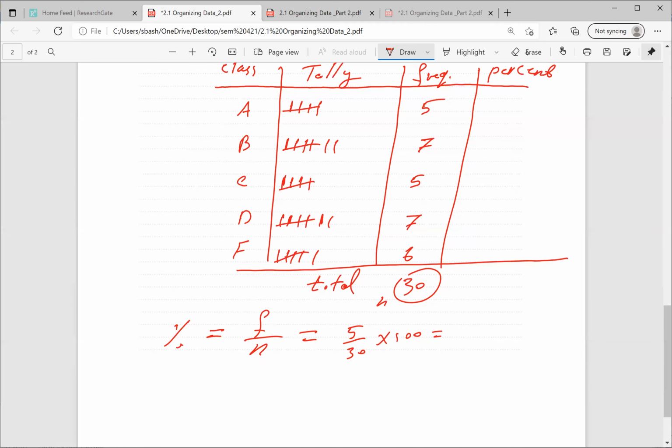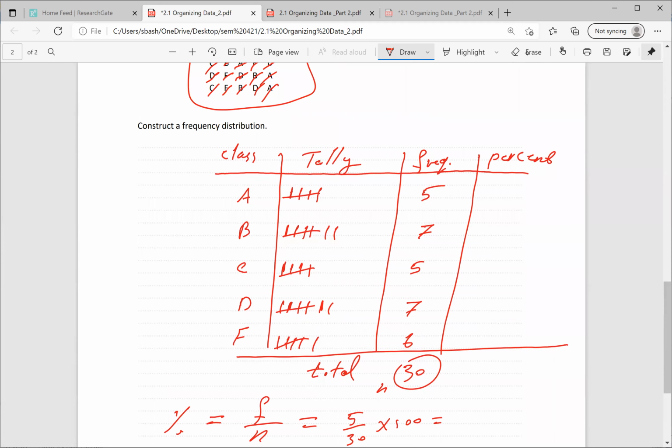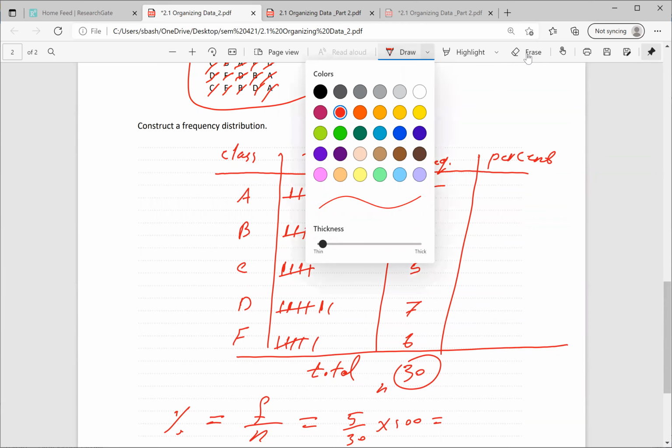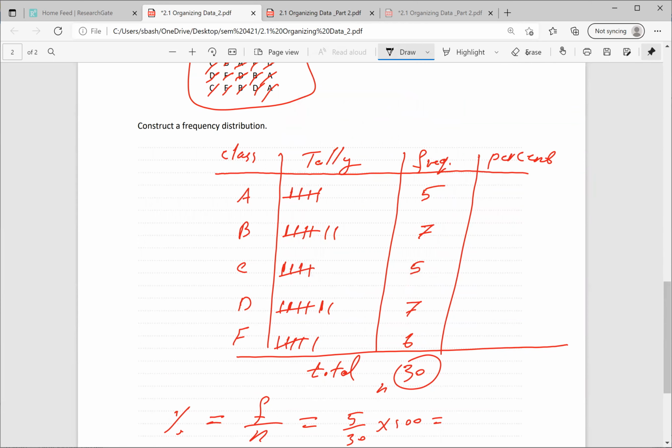Using the calculator, 5 divided by 30 multiplied by 100 is 16, rounding up. Next one, 7 divided by 30, which is 23%.